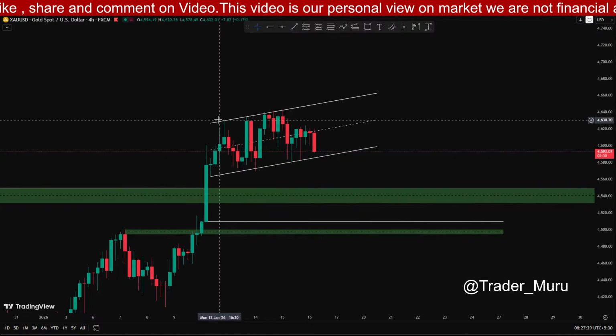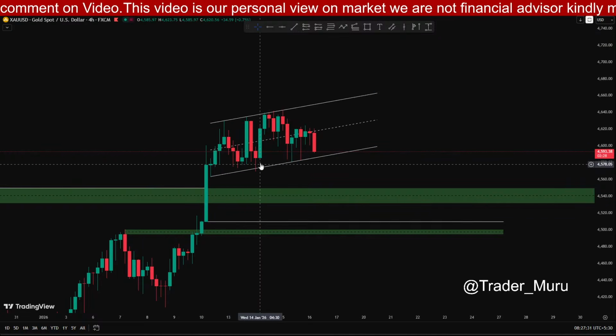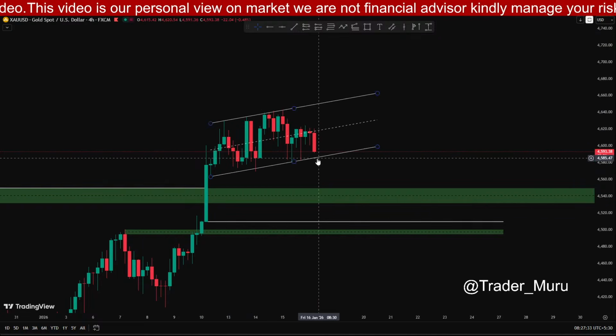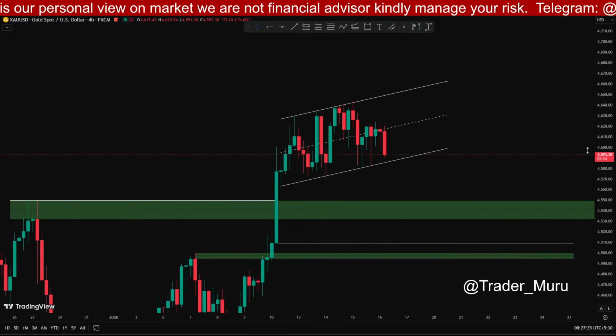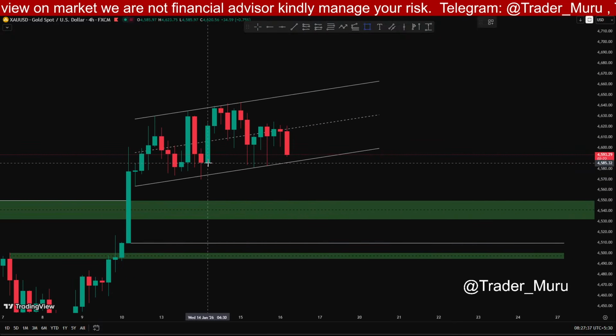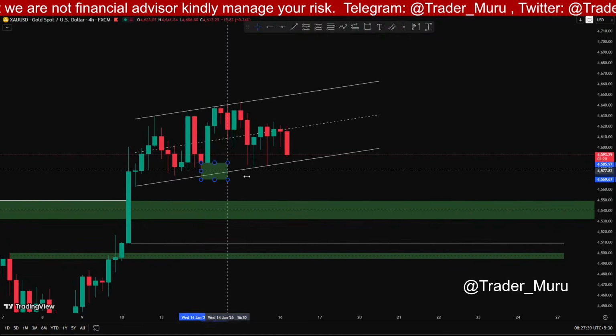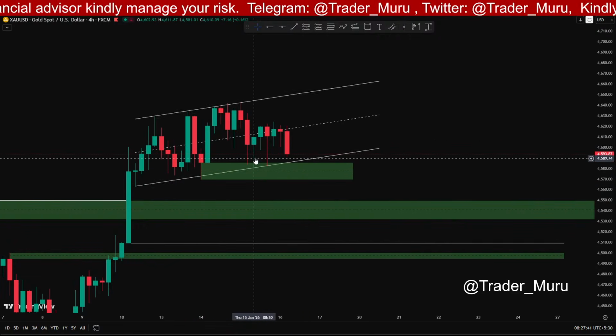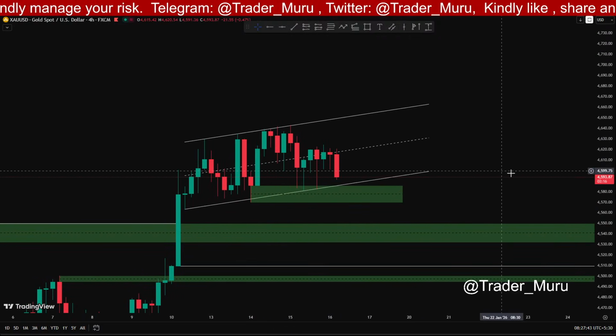Top test, drop, bottom test, again pump, same thing here. And according to 4-hour structure, this zone is buying zone. We have a multiple bounce here.